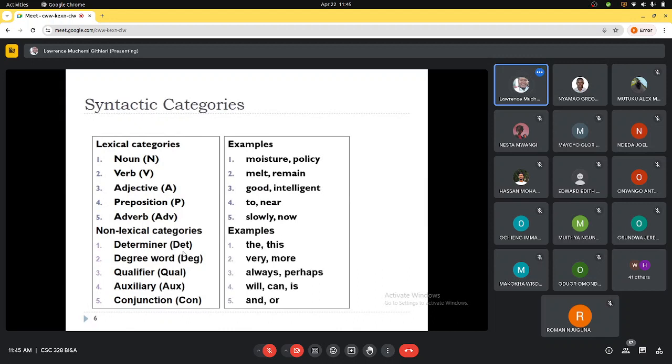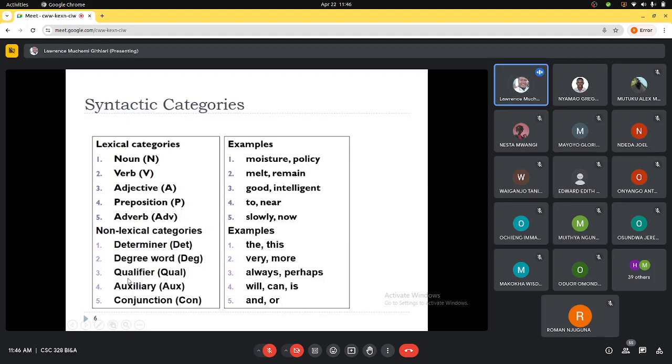They make our life easy. So examples of a determiner are the, this, etc. Then there's degree. So you can say, I like you very, very much. So that very, very much is a degree. It's showing how much I like you.